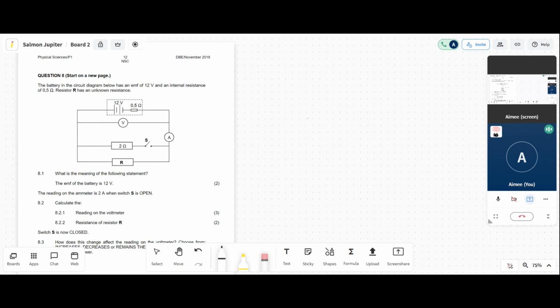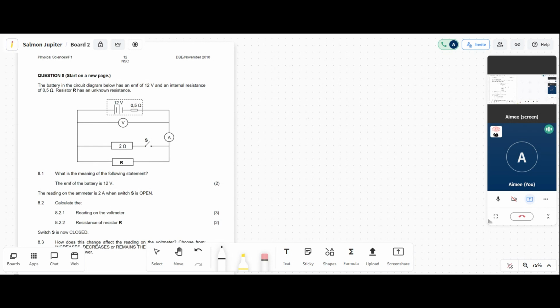Any one of those. It basically is just saying that 12 volts is the maximum amount of potential energy or voltage that can be supplied to the circuit by the battery. No more. It's the maximum amount of voltage that can be supplied. That's basically what it means.